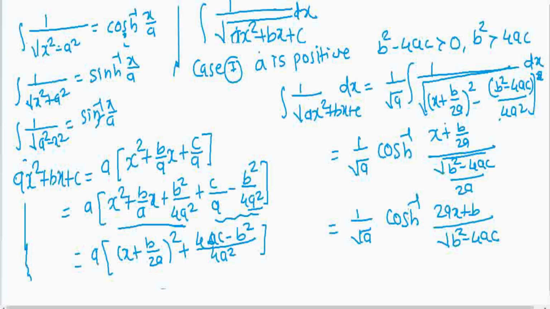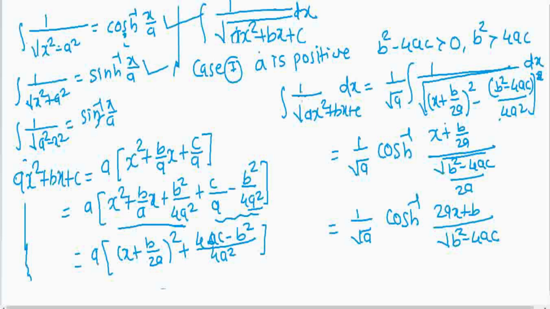That means it is of the type x square minus a square. Now convert ax square plus bx plus c into the first formula whenever a is positive. Now when a is positive and b square minus 4ac is negative, we will convert this into this formula.